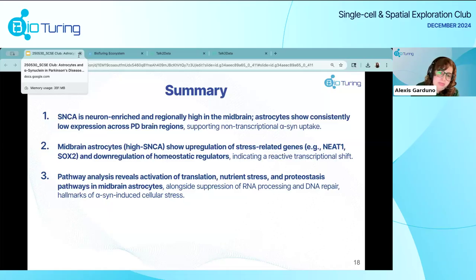We ran pathway enrichment analysis, which uncovered activation of translation pathways, nutrient stress, or protease pathways within the midbrain astrocytes, which gives us more indication of this alpha-synuclein induced cellular stress. So these are the key results that we were able to gather just by looking at the talk2 data system, which gives us a lot of data that we can utilize for grants, and for validating our own analysis from our own study.